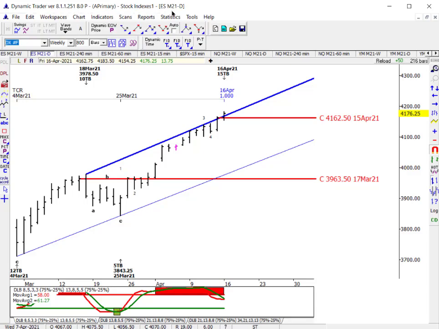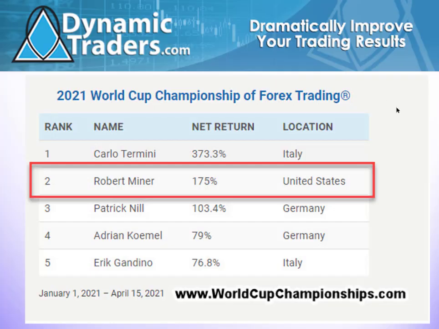Let's take a look at the euro. Before we do, this is from the World Cup Championships.com webpage, and this is my trading results so far this year in this Forex trading contest. I'm up 175%. This, by the way, is real money, real trading.